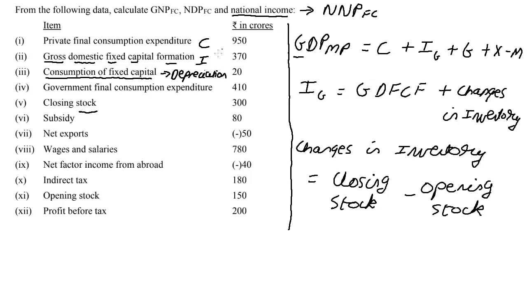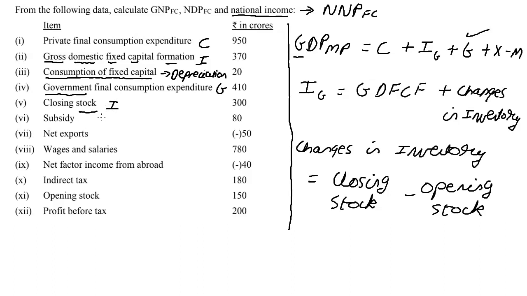And why do we need that? Going forward, we'll require it. For now, we have identified C, we have identified a part of I, and G for government expenditure right here. Then closing stock, as I already told you, is part of our calculation of changes in inventory.